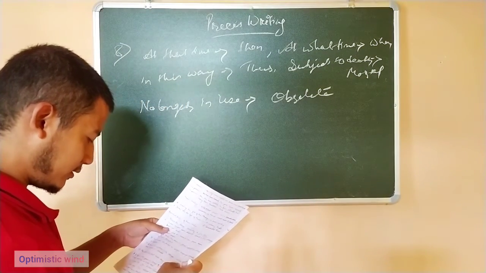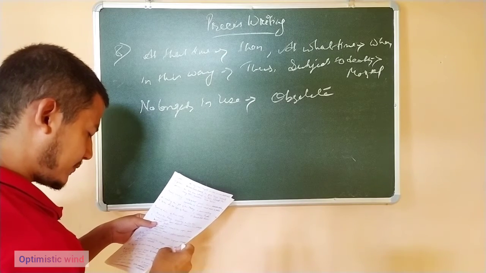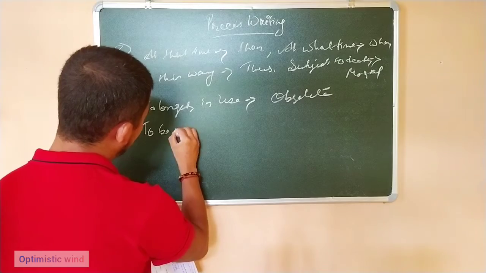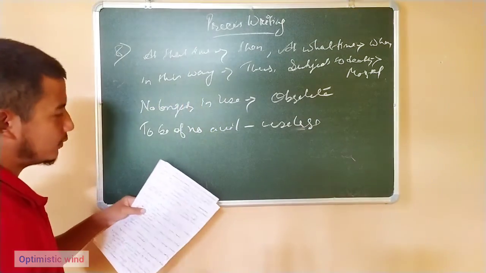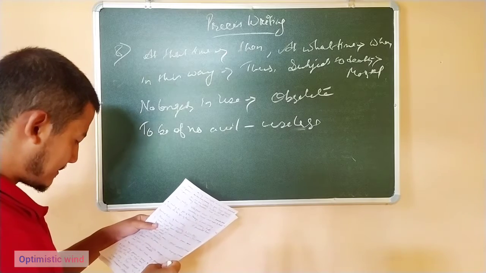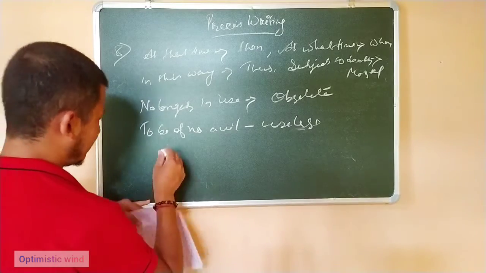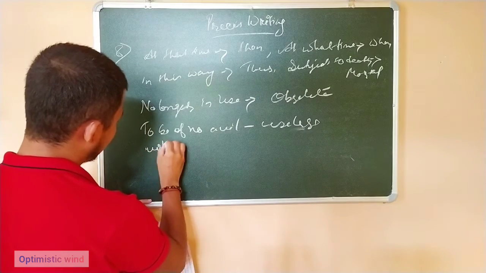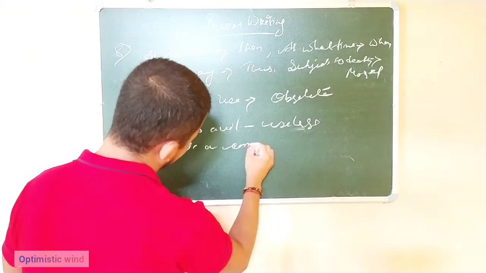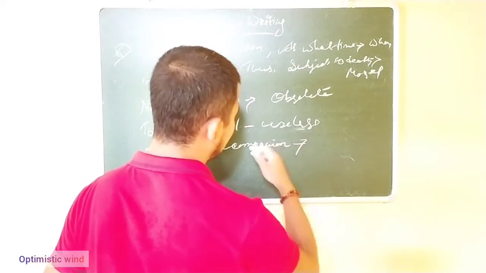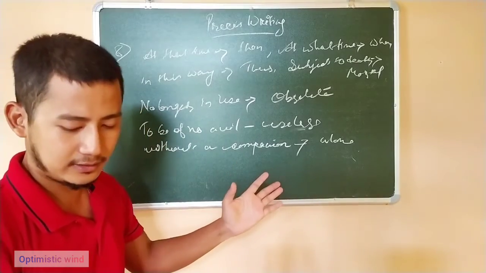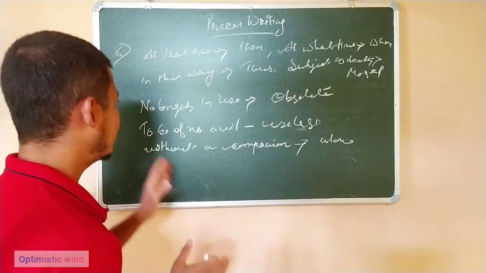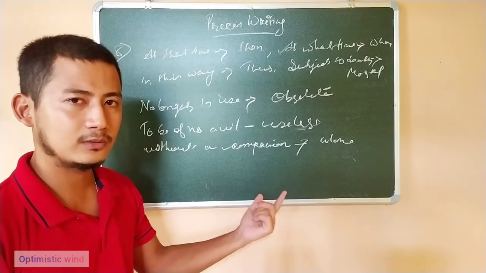And "to be of no avail", that is "useless". "Can be calculated without a companion", instead of this you can simply write "alone", right? So try to summarize the word or group of words or anything you have found in the passage, and substitute it with a particular word. Okay, so this is the number 8 formula.